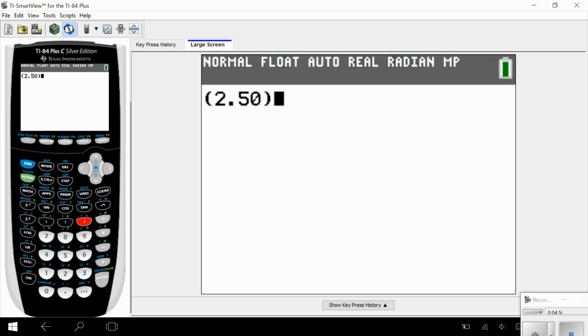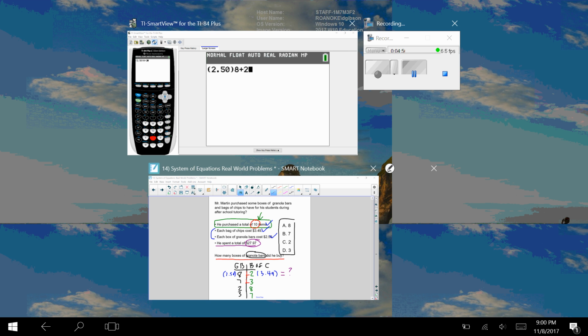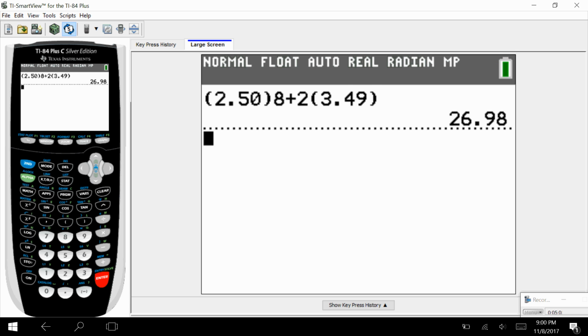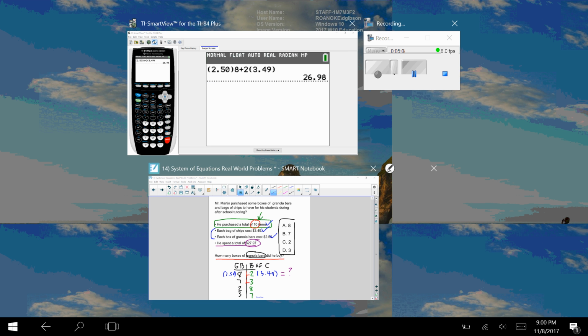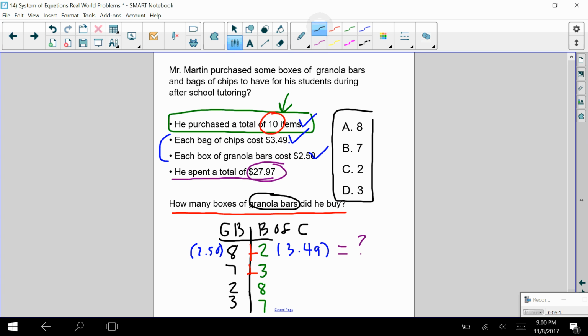So 2.50 times 8, plus 2 times $3.49. That gives us a total of 26.98. Again, we want our total to be 27.97. So we know that that is not the answer.